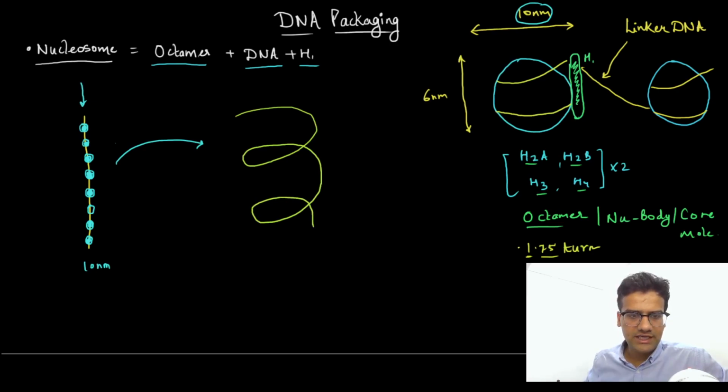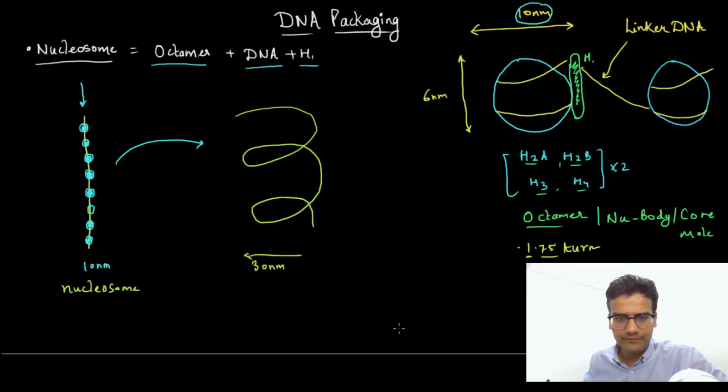So this is the 10 nanometer nucleosome, and it is converted into another structure, the 30 nanometer fiber, which we call the solenoid.